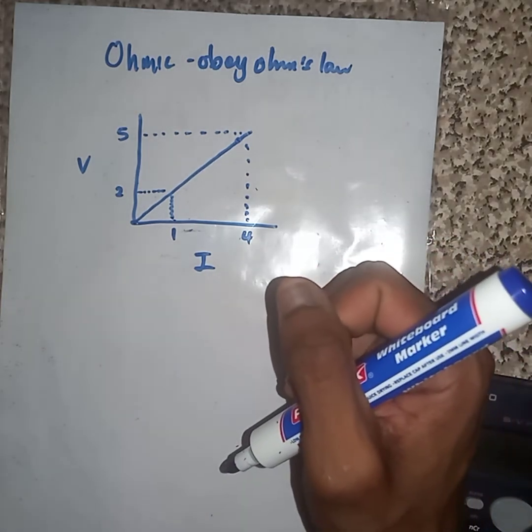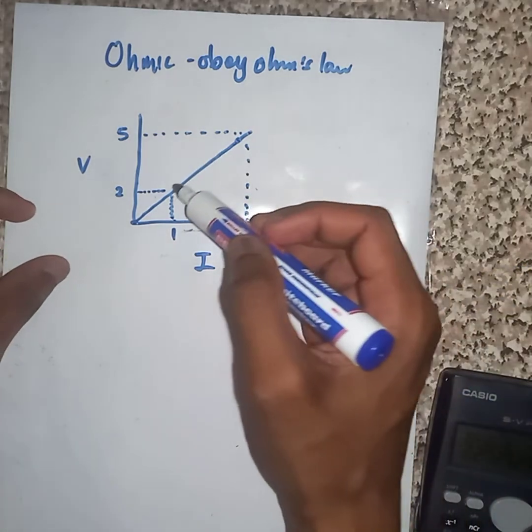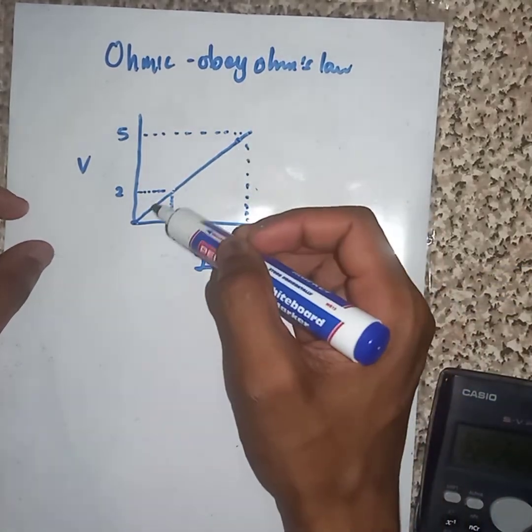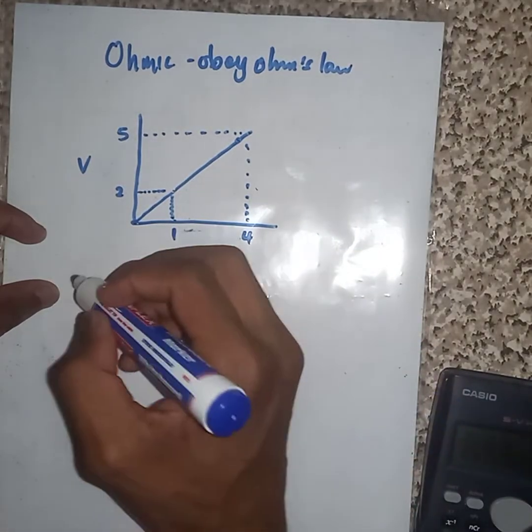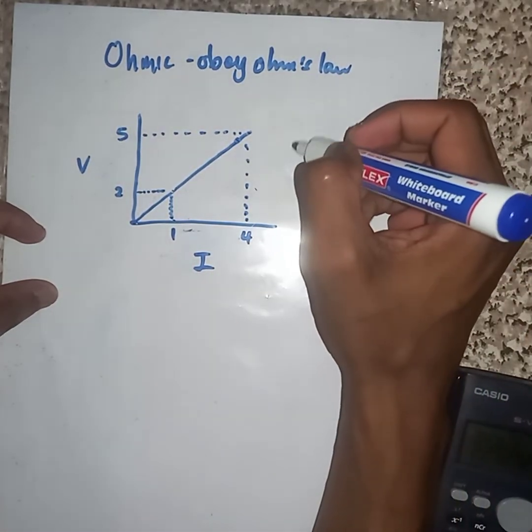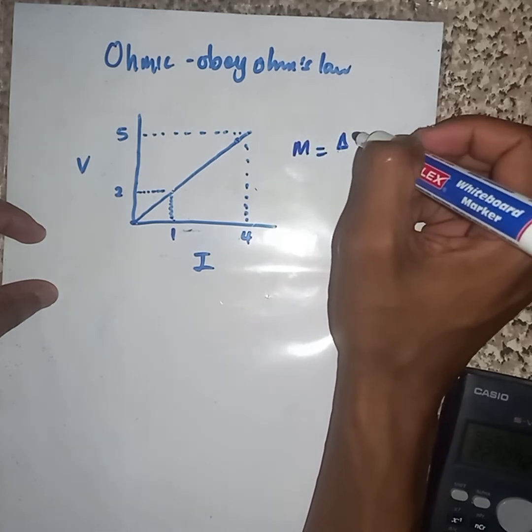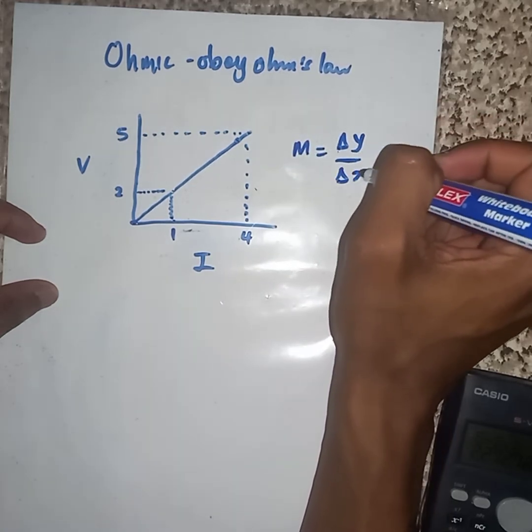How are you going to determine the value of R? By taking the gradient of the given graph. That will be your answer. We know from mathematics that the gradient is given in the form of y over x.